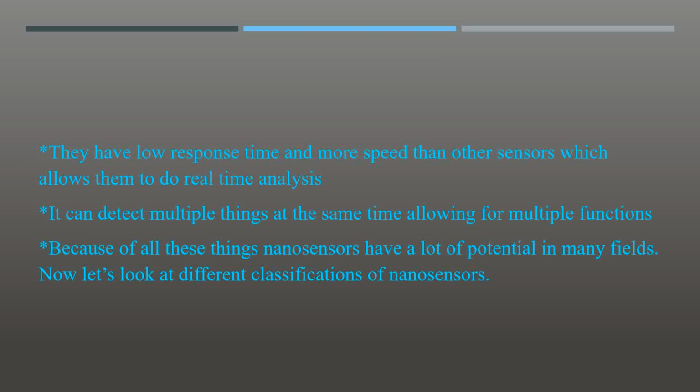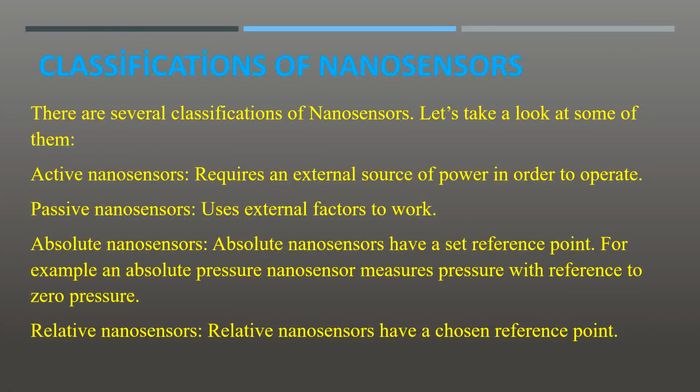Now, let's look at the different classifications of nanosensors. There are several classifications of nanosensors. Let's take a look at some of them. Active nanosensors require an external source of power in order to operate.